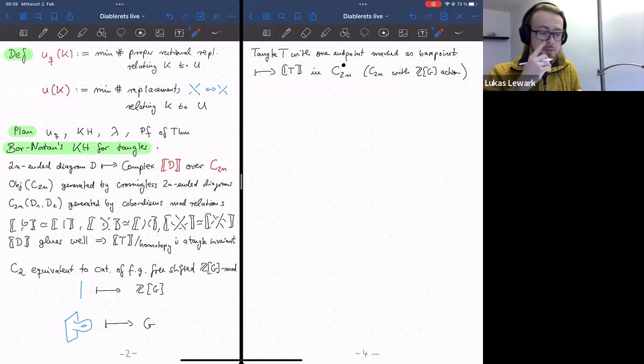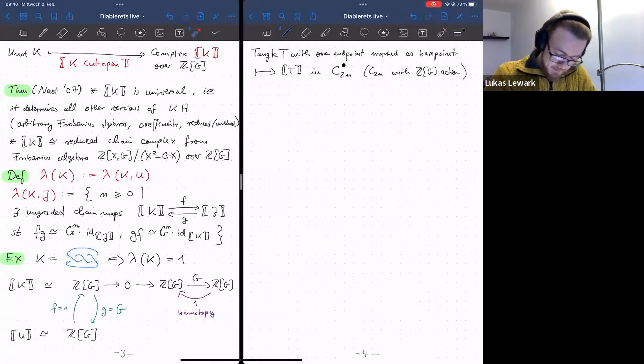So more precisely, before it was an abelian group of morphisms, because C2N is additive. So now, by introducing this base point, we have promoted this to a ZG enriched category. So the morphism sets have the structure of a ZG module.